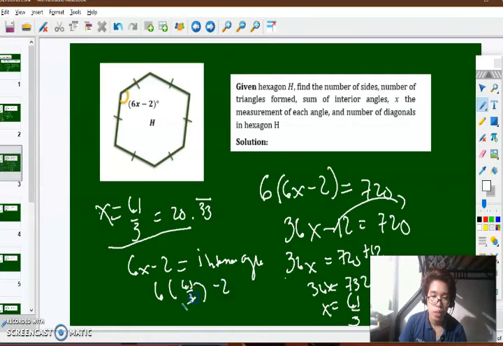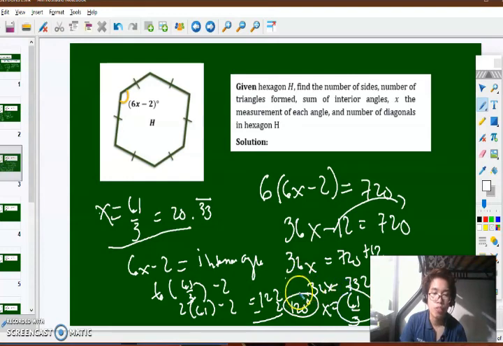You simply cancel that, so that's 2 times 61 minus 2. 2 times 61 is 122, minus 2, and you get 120 degrees. So the measurement of each interior angle for this hexagon is 120 degrees.